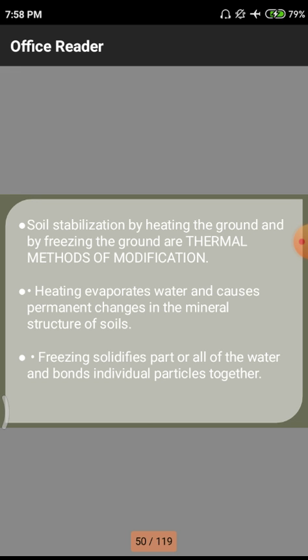All those are examples. These are the preheating methods, soil stabilization, and freezing and thawing methods also. Freezing means we have to use some sort of liquid solidifiers to solidify whatever water lies above the soil, so that it will be easy to remove.